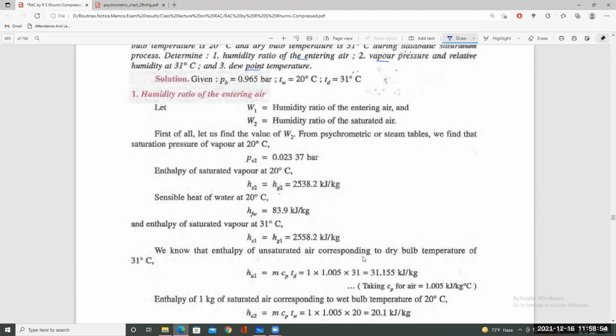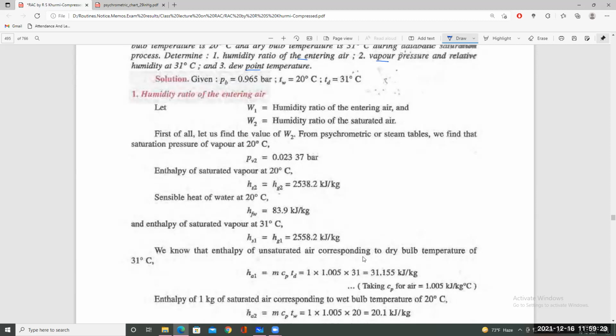It is 2538.2. The enthalpy of saturated liquid at 20 degrees centigrade is given as 83.9, and the enthalpy of the saturated air at 31 degrees centigrade, HS1 or Hg1, is 2558.2 kJ per kg. We know that the enthalpy of air corresponds to the dry bulb temperature of 31 degrees centigrade.